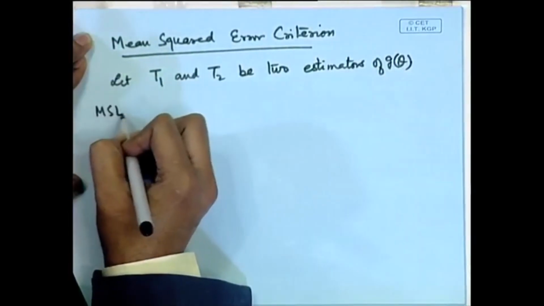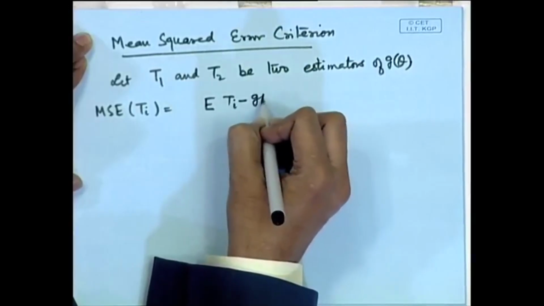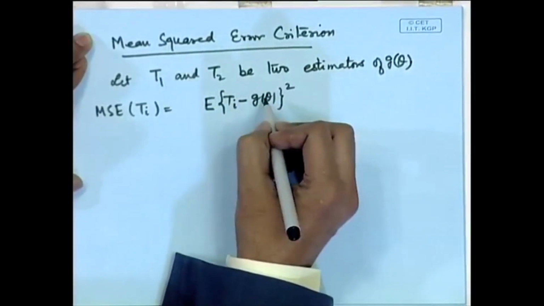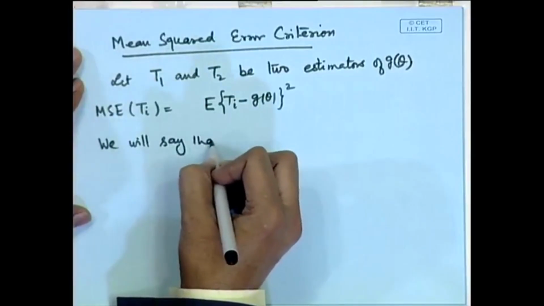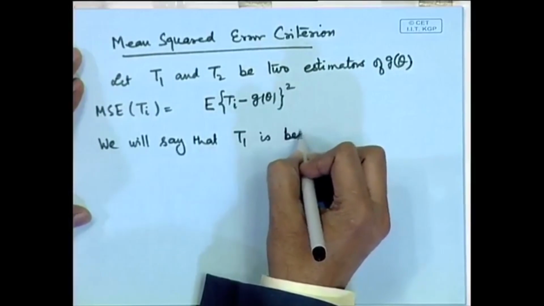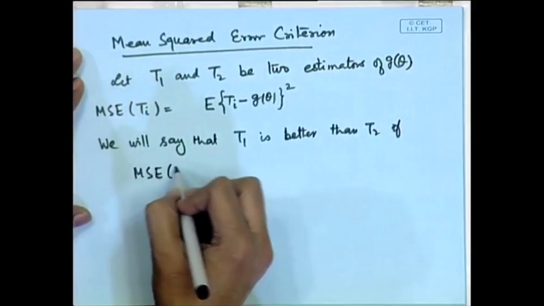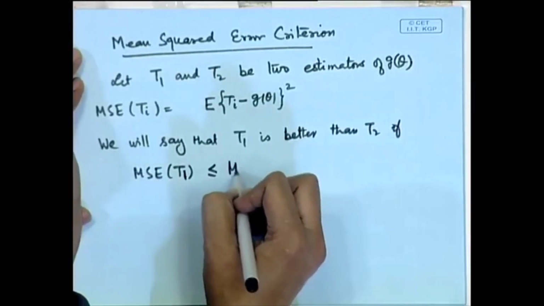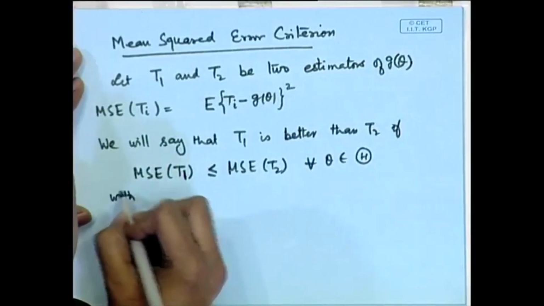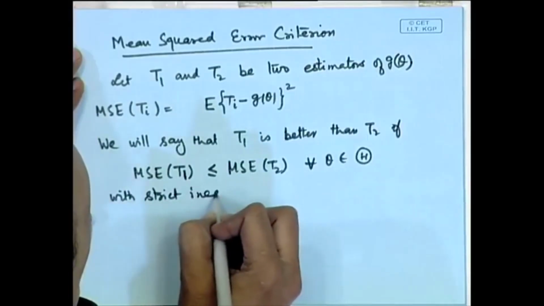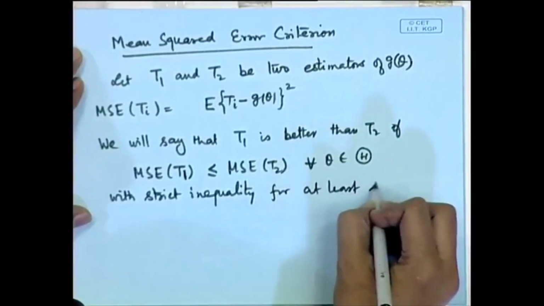Then the mean squared error of Ti is defined as the expectation of (Ti minus g(theta)) squared. This gives a measure of variability of the estimator, and we will say that T1 is better than T2 if the mean squared error of T1 is less than or equal to the mean squared error of T2 for all parameters, with strict inequality for at least some theta.